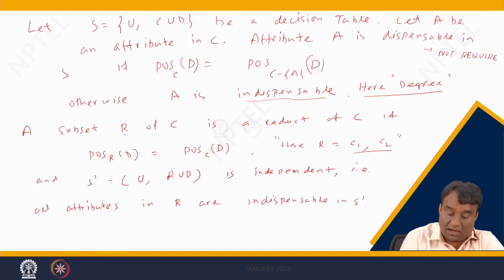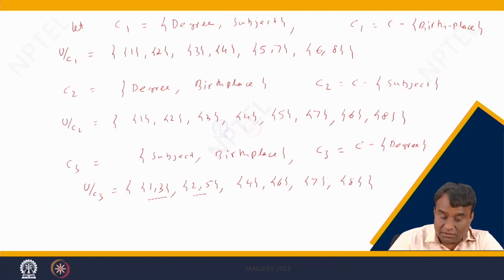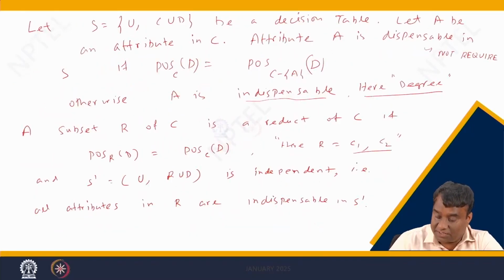A subset R of C is a reduct of C if the positive region of U by D with respect to R is equal to the positive region of U by D with respect to C. So here the reducts are C1 and C2. C1 means degree and subject, C2 means degree and birthplace.